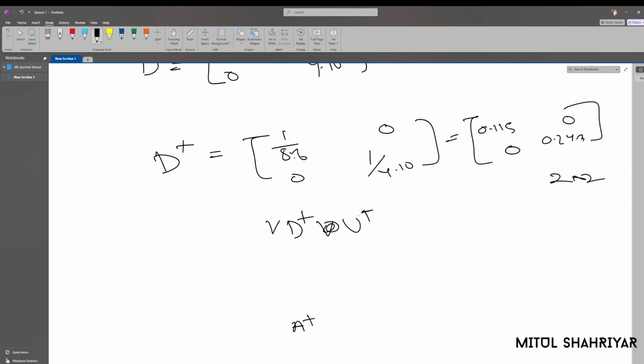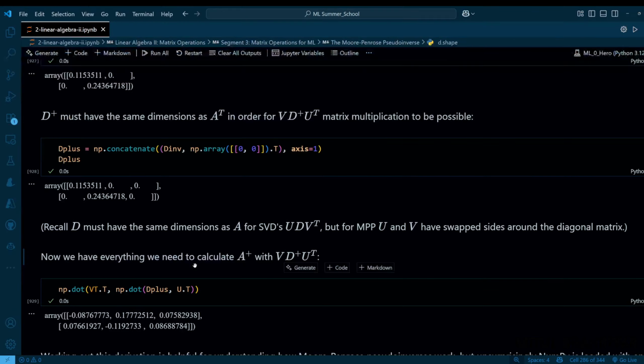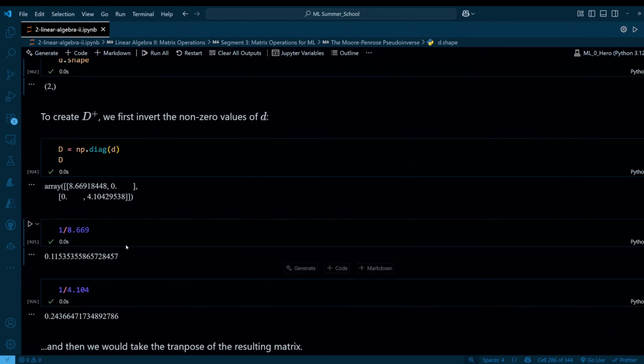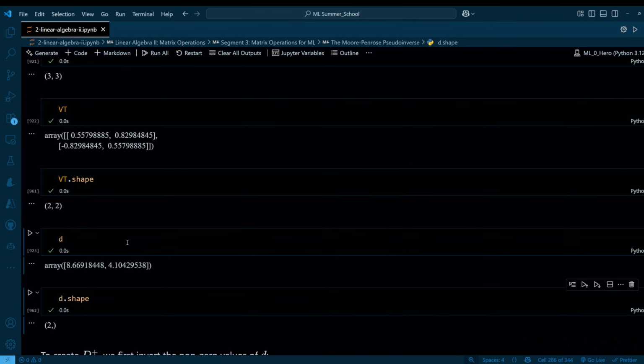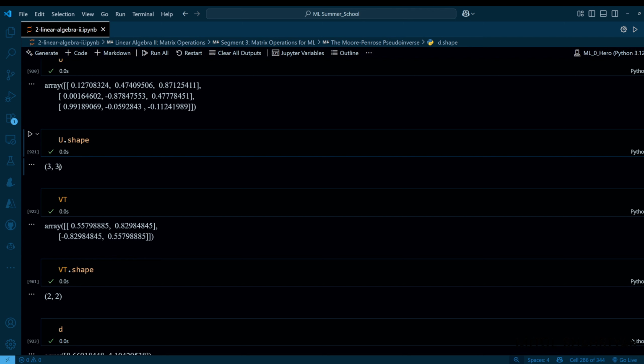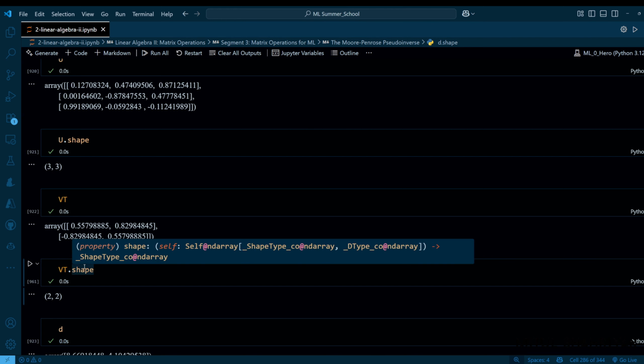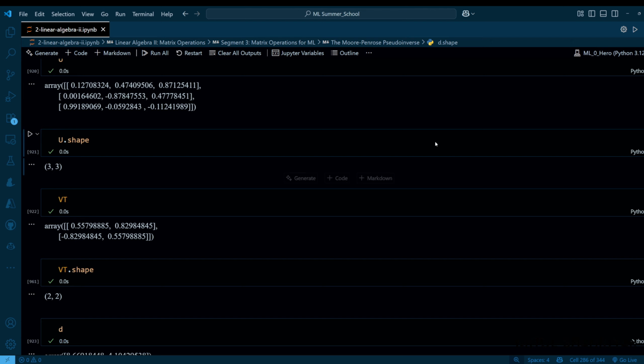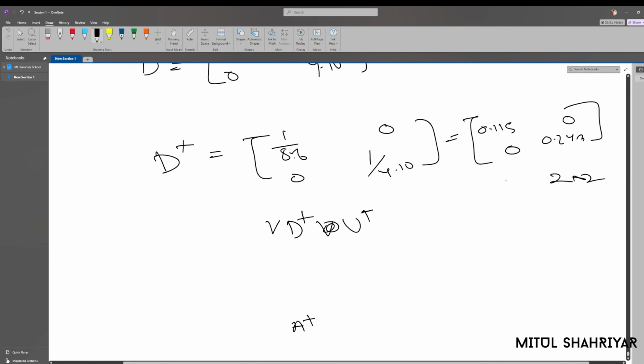But you see U, we have, if you just look here, U is 3 into 3. So even if we get the transpose, it will again be 3 into 3, right? Because this whole row will become column and so on. I believe you know what U transpose should be. So it will be 3 into 3, no problem, it will be the same.